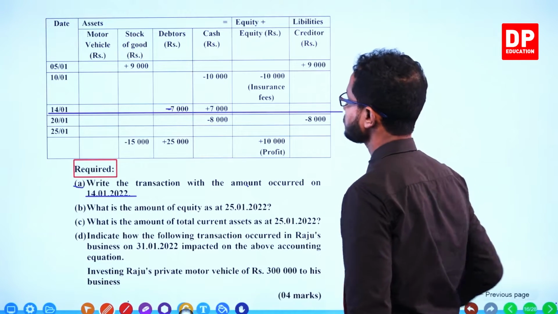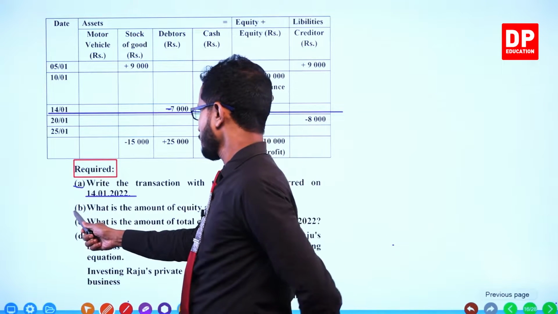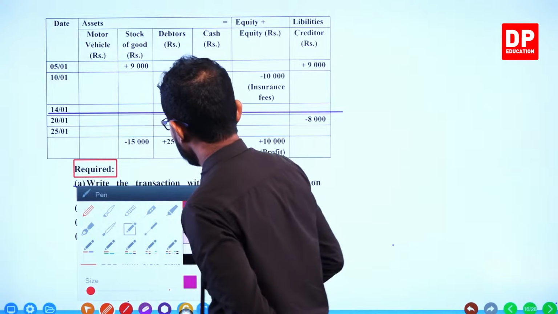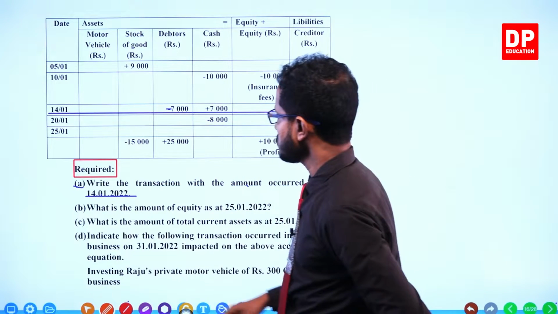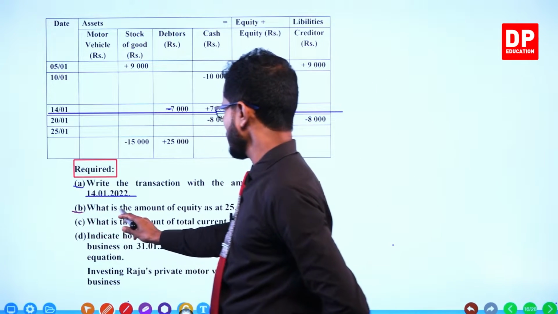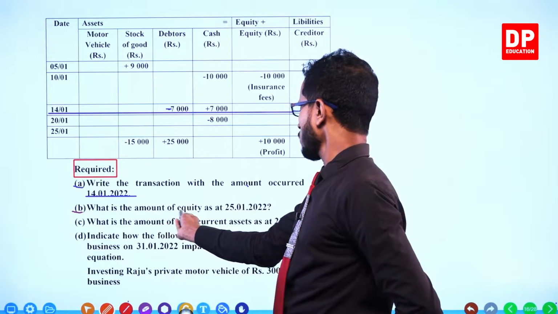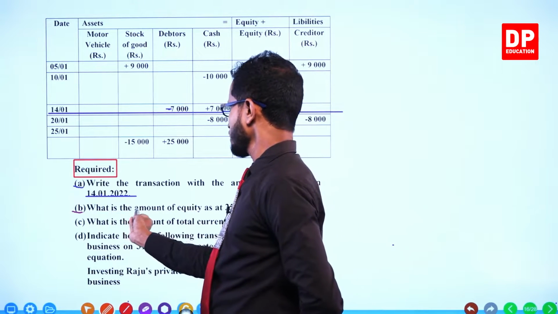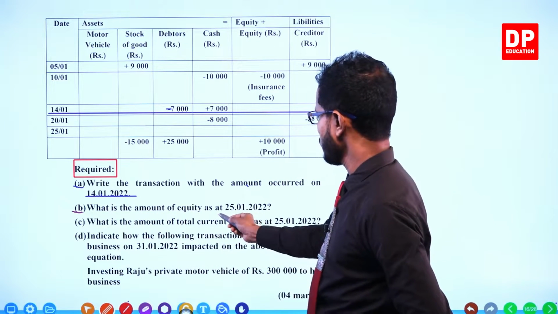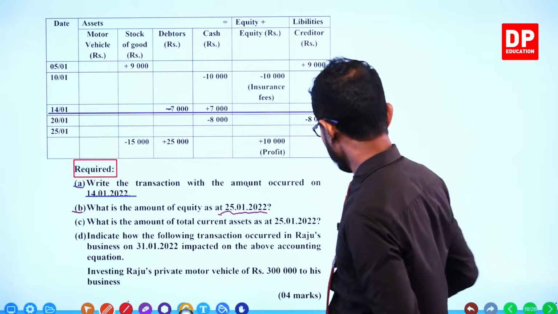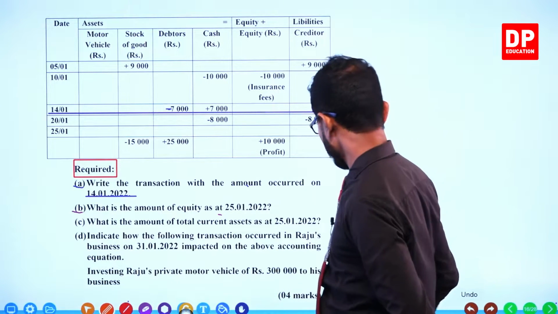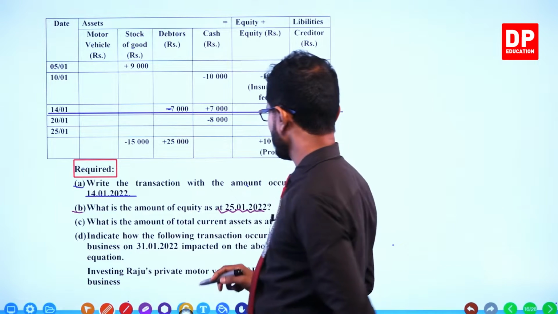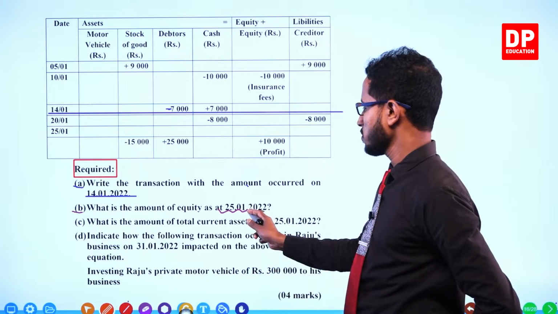Next, B. They're asking us, what is the amount of equity as at 25th? 25th means the end of the month, 25th January.